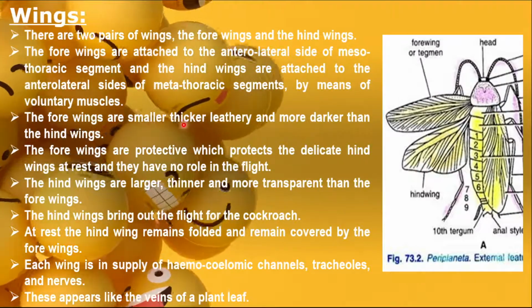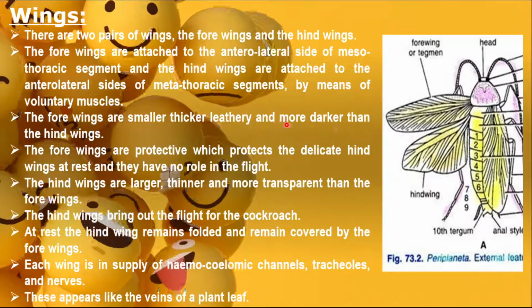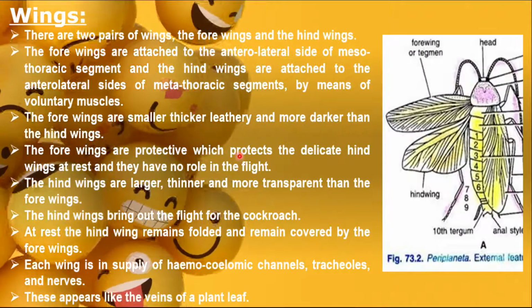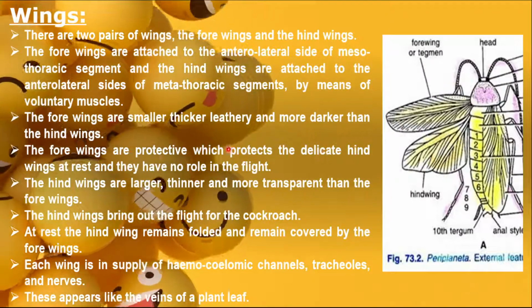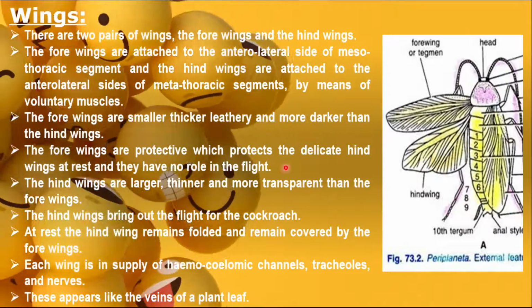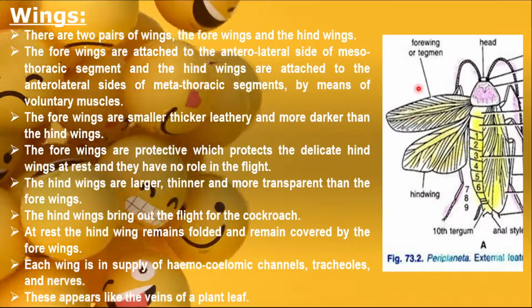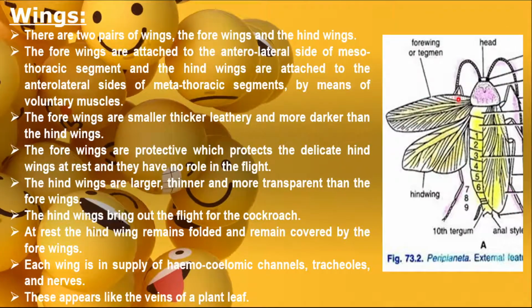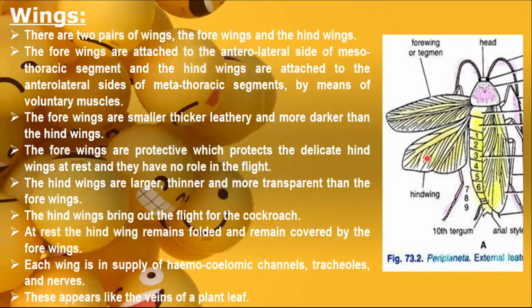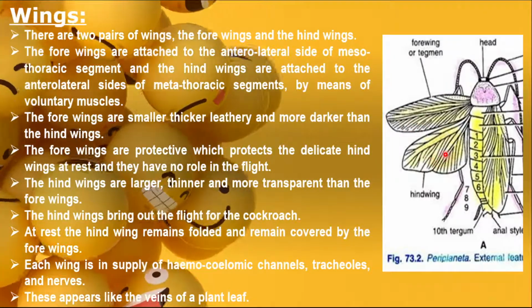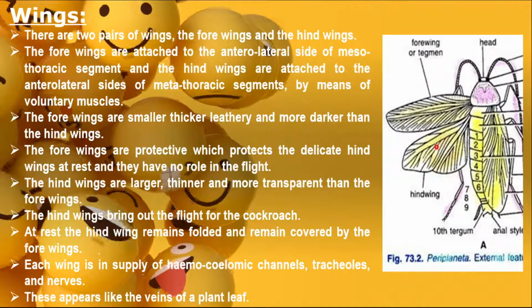The forewings are smaller, thicker, leathery, and darker than the hind wings. The forewings are protective, protecting the delicate hind wings at rest, and they have no role in the flight. They are somewhat chitinous or dark brown in color, and at the resting position the forewings cover completely the hind wings, which are very delicate, thin, and transparent.